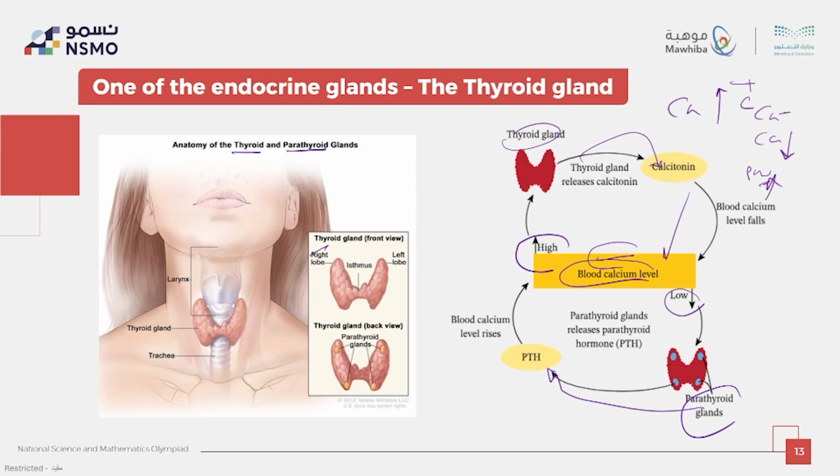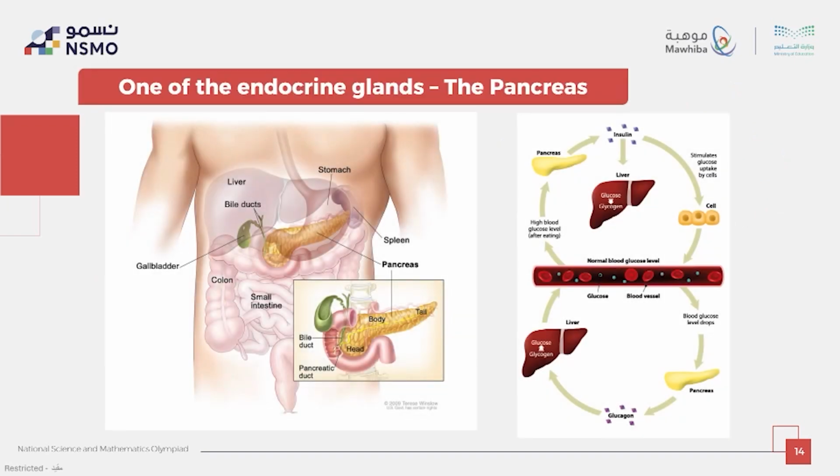So the main function of the thyroid and parathyroid is to maintain blood calcium level by producing two hormones, calcitonin and PTH. Now we move on to another very important gland in the human body, the pancreas.